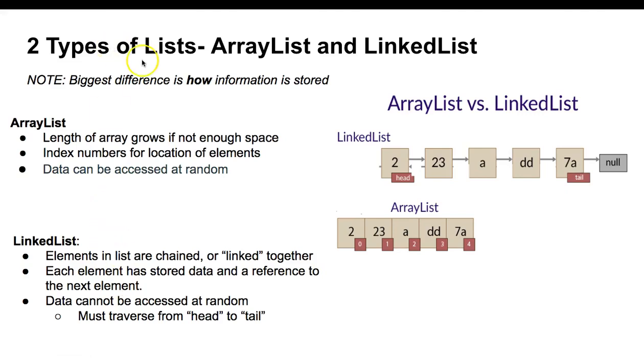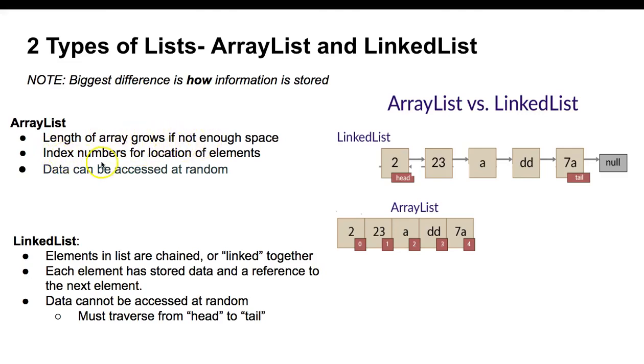So now that we have an understanding of lists, let's talk more in depth about how array lists and linked lists are actually storing information, right? They're both doing the same type of job because they implement the same methods as list. The difference is how they're storing the information. An array list is still in a way using an array, but it's using an array that can grow if there's not enough space.